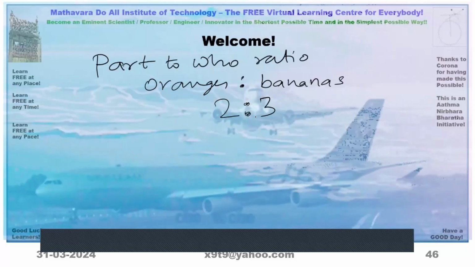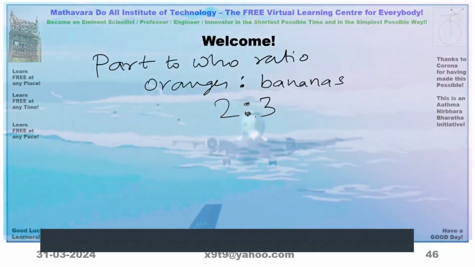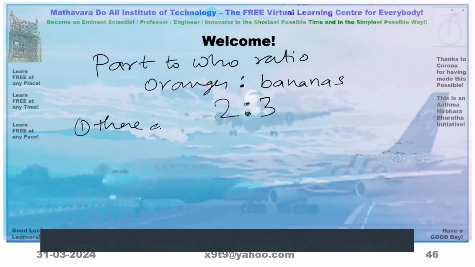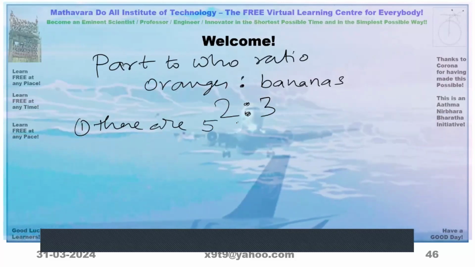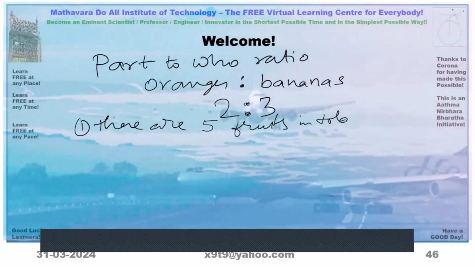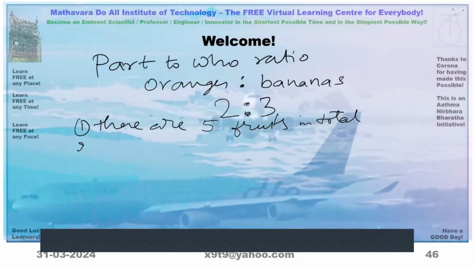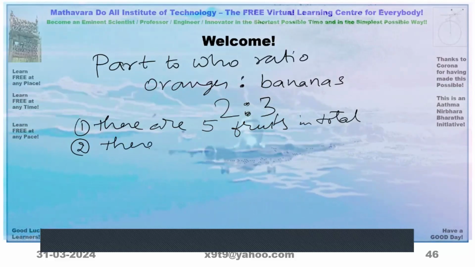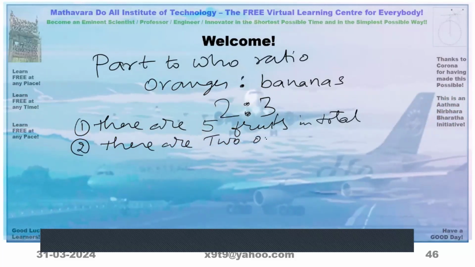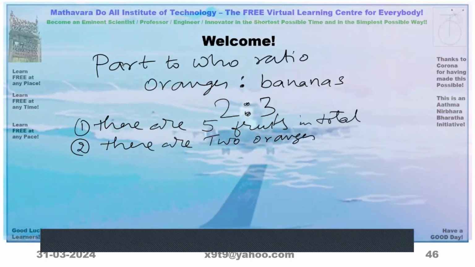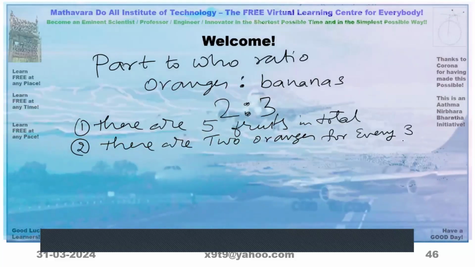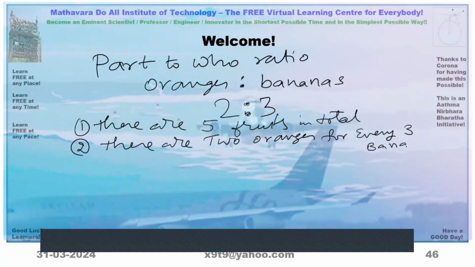Now, if this is given, how much information can we write about it? One, we can say there are 5 fruits in total. Second, there are 2 oranges for every 3 bananas.